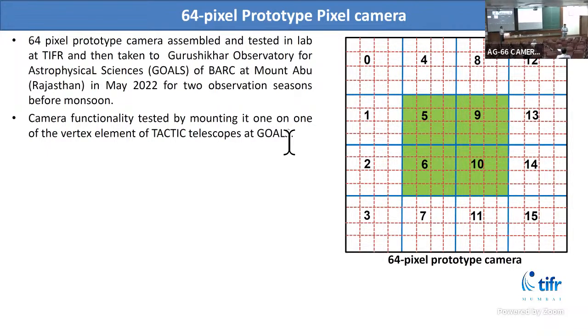What I hear from BRC colleagues is that they have planned for 2 more telescopes of MACE size, and they want SiPM based cameras for both. So we'll have to make lots of changes in this design. Probably we'll have to go for an ASIC based design, because the pixel size is much larger. Electronics will be too much if we go with the same approach, so probably we'll have to go for some compressed things with ASICs.